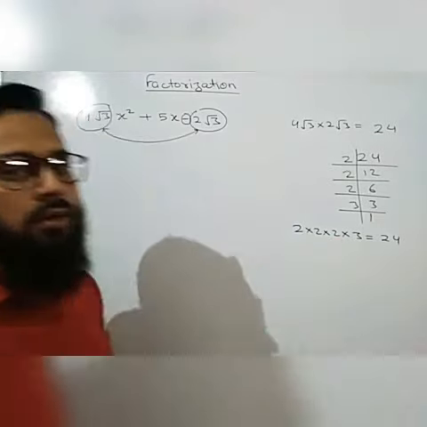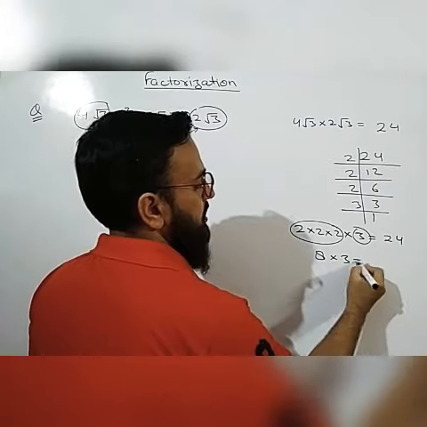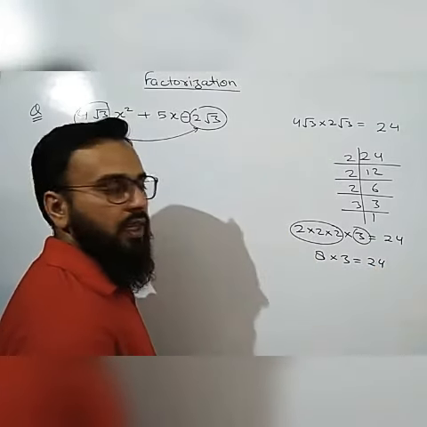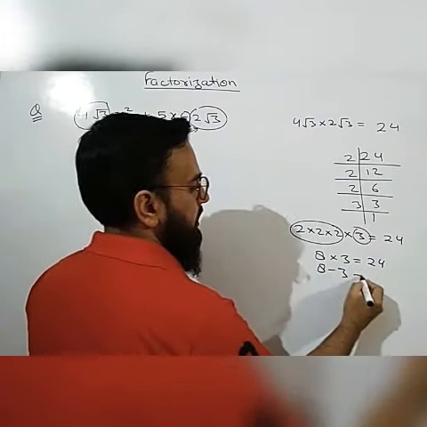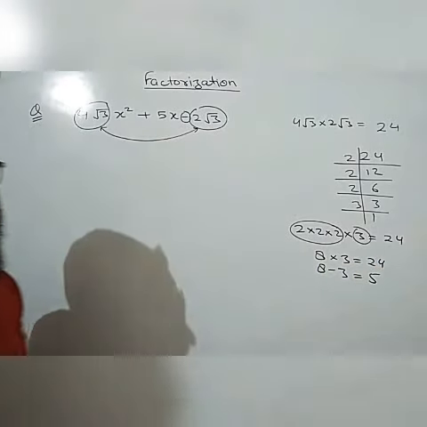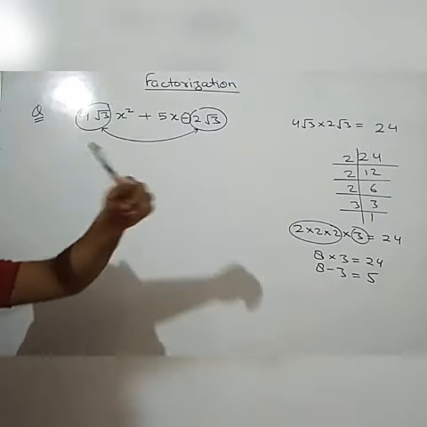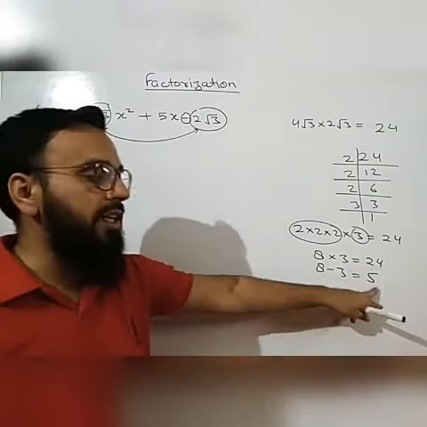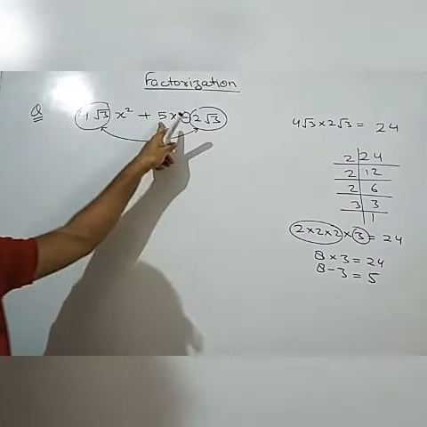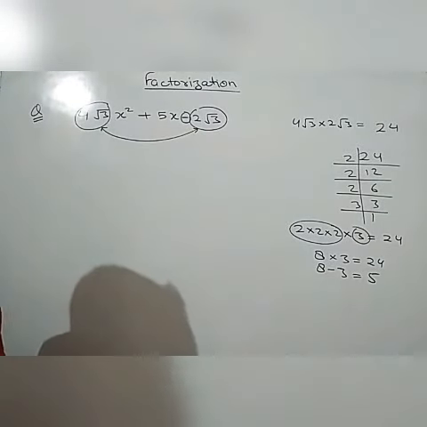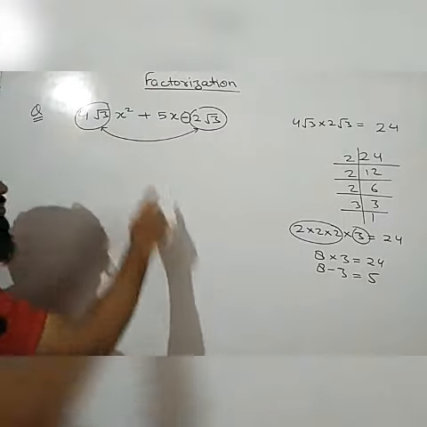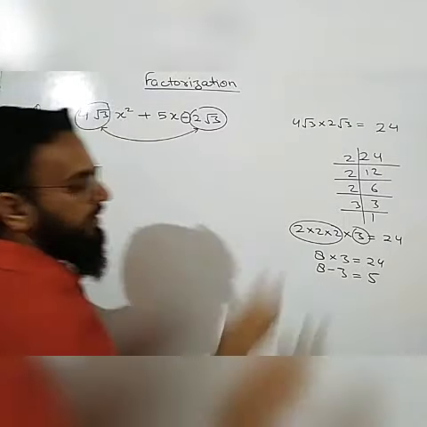It means which two numbers will we take? We will take 8 into 3 is equal to 24, and 8 minus 3 is equal to 5. Because the sign is negative, the subtraction of those two numbers should be equal to the middle term, that is 5. Clear? So now in place of 5, what can we put? We can put 8 minus 3.